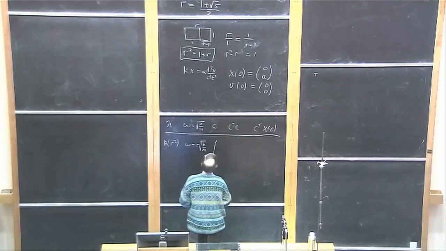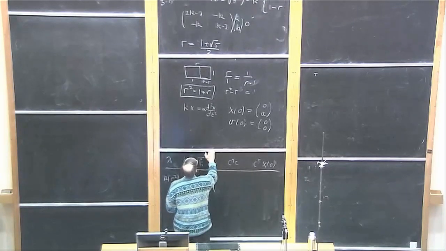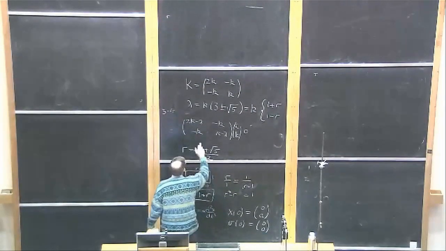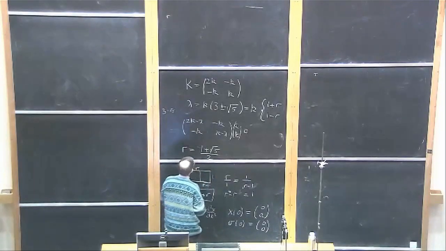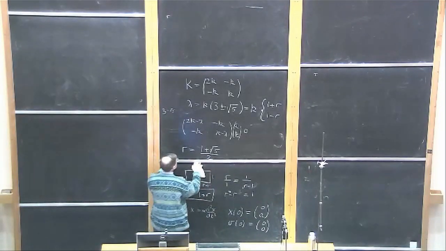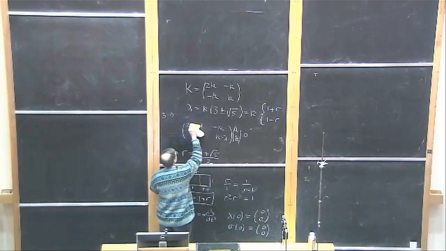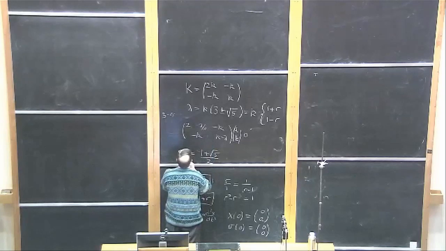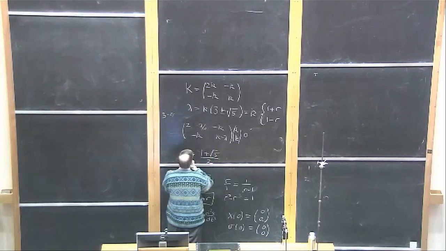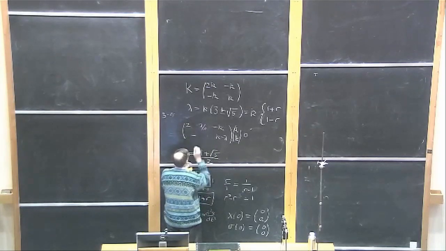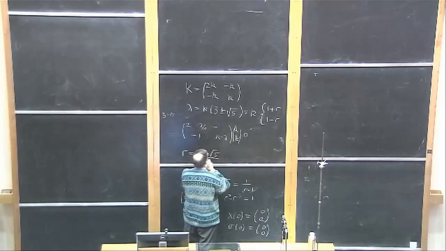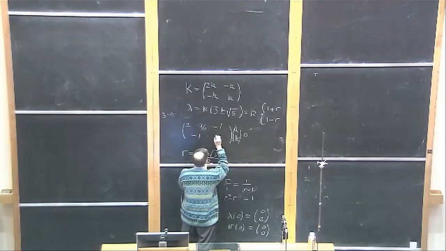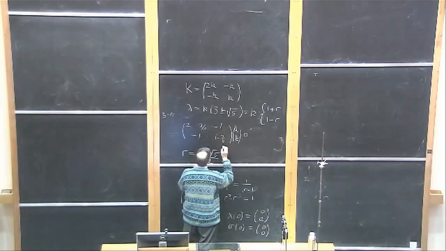C, if we put, let's factor out a k from this equation so that it becomes a bit simpler. So then we get 2 minus lambda over k, 1, minus lambda over k.